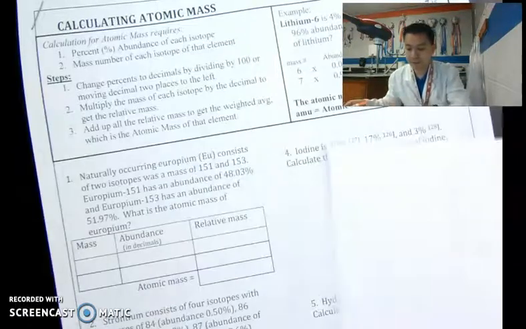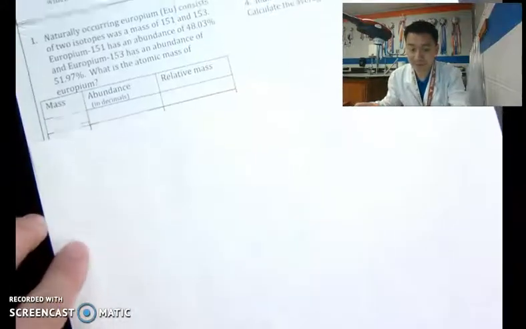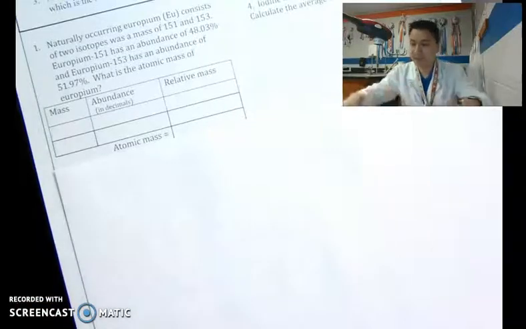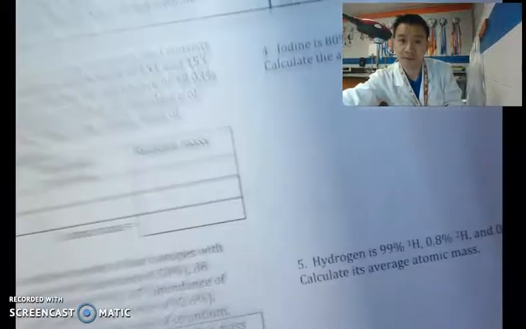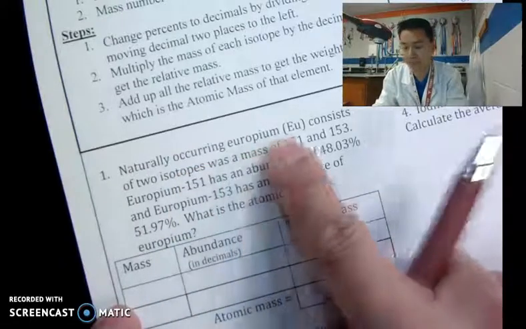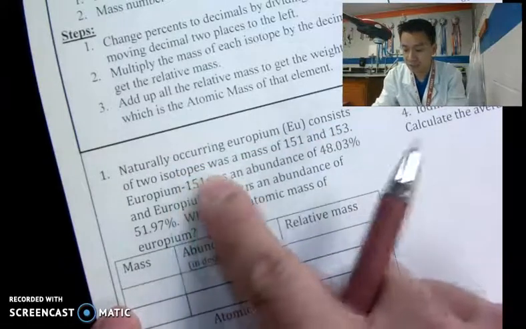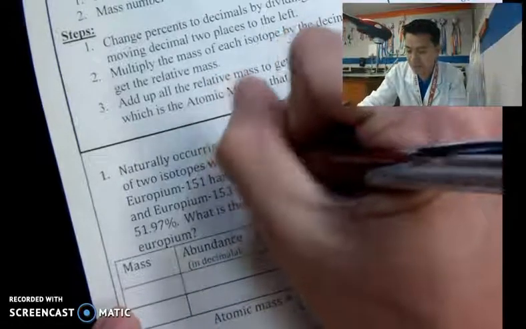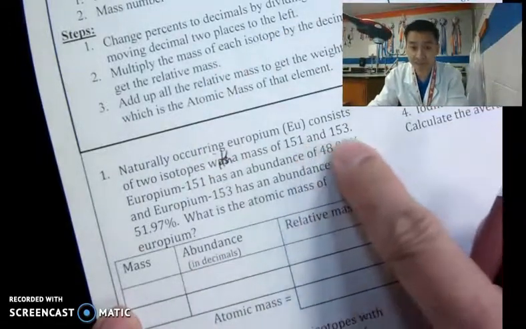So the way to do this is, for number 1, for example: the mass of naturally occurring europium consists of 2 isotopes with masses of 151 and 153.